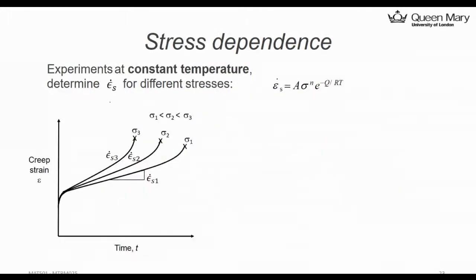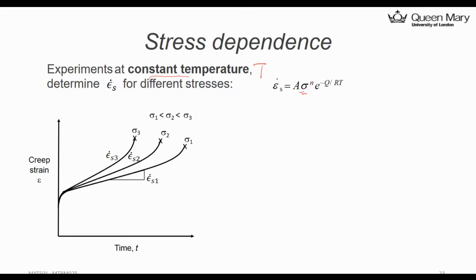So let's look at some experiments done at constant temperature T, where you vary the stress sigma. You can see the strain rate basically has a power law relation.